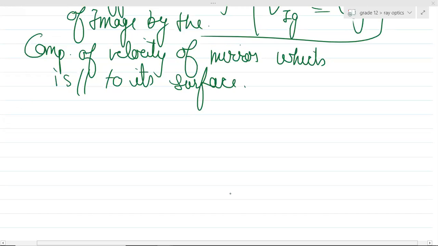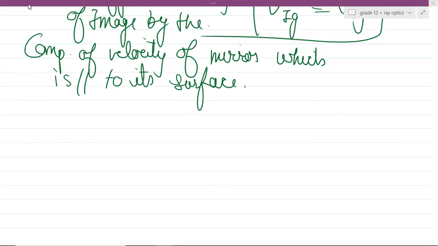A velocity vector can be broken into two components. No, I'll give you one problem so you'll understand. Don't worry.